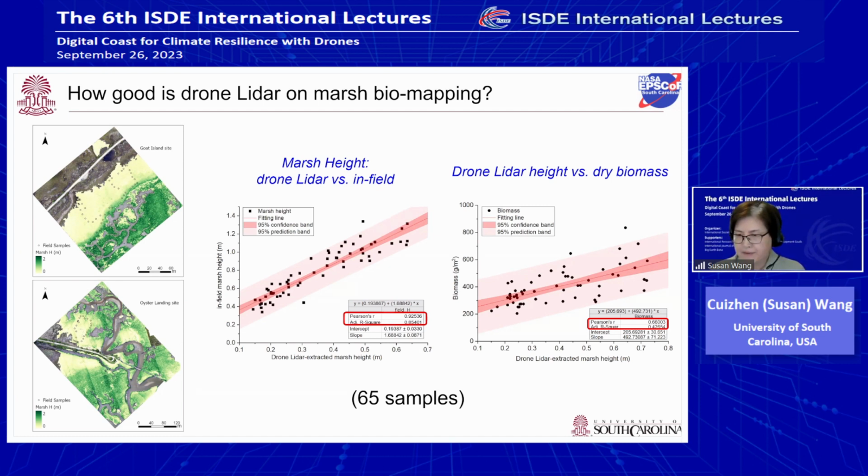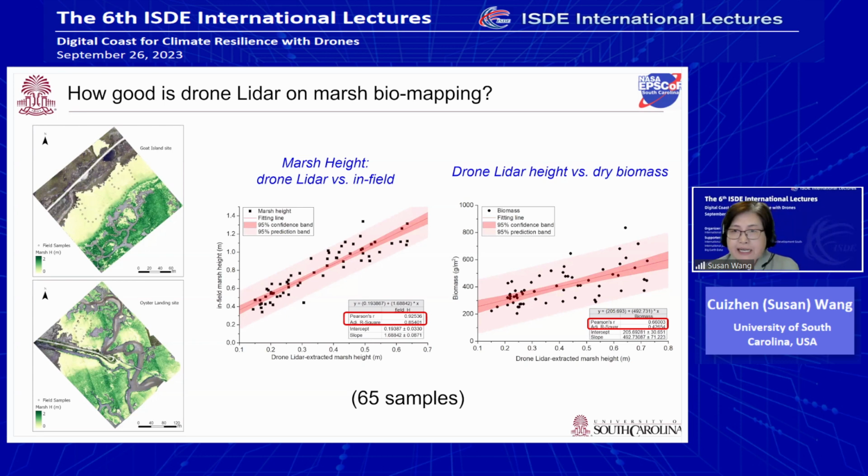So this figure just shows marsh height has an indication of dry biomass, but it cannot tell it alone. So we need other parameters involved for a better biomass estimation. That's my other research that is ongoing.